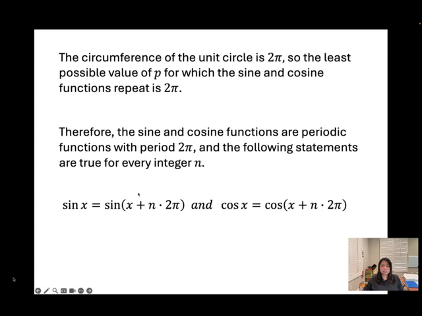So let's say I have sine x, and I know sine x is a periodic function. So I could rewrite it as sine of x plus n, an integer, times 2 pi, because one circle is 2 pi. Think about it. If I have sine 30, I could say sine of 30 plus n equal to 1 times 2 pi.